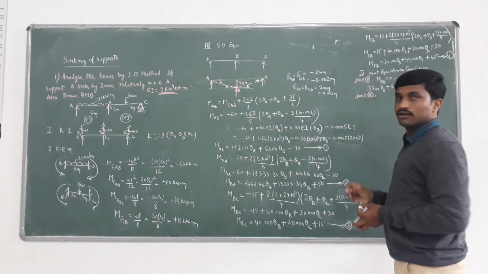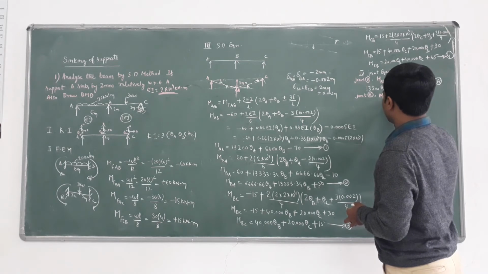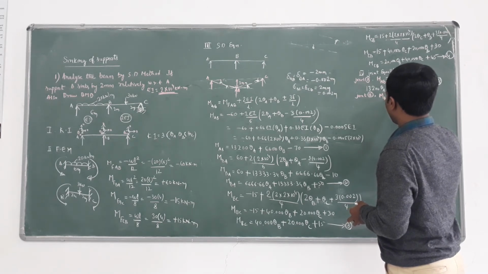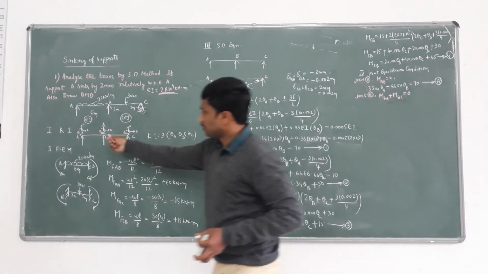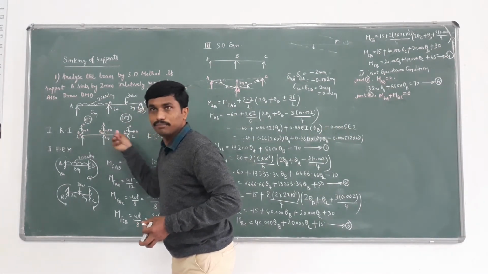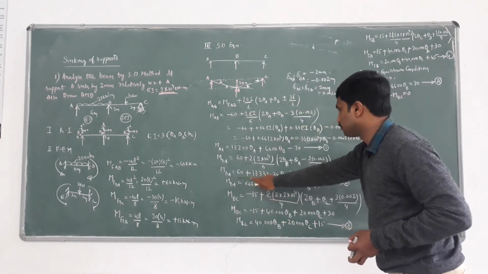Next, joint B. At joint B, MBA plus MBC equals 0. What is the value of MBA?